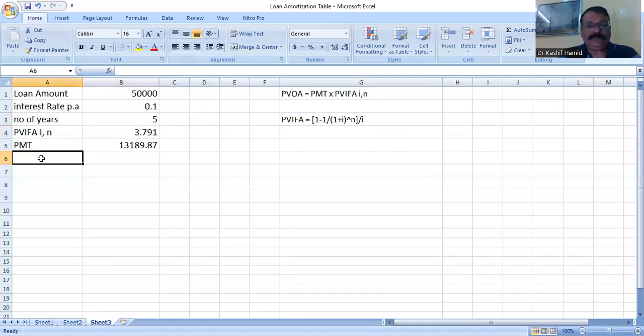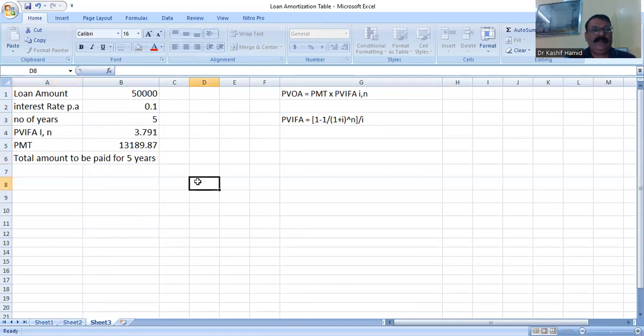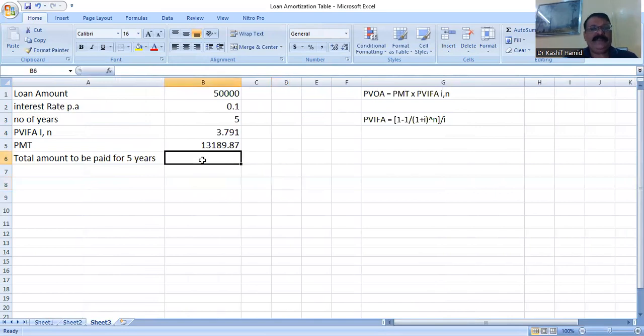So now, the total amount to be paid for 5 years. The amount which we are going to pay over 5 years is equal to B5 multiplied by the number of years.